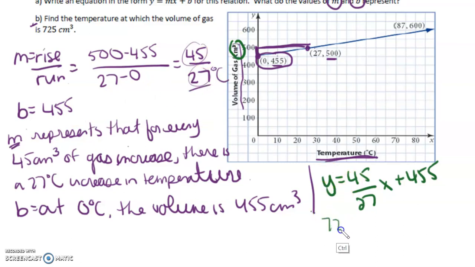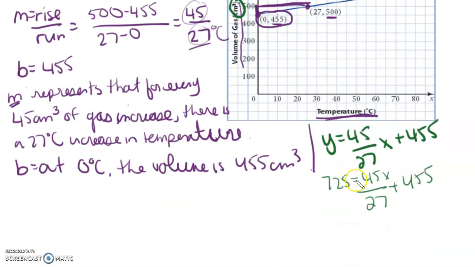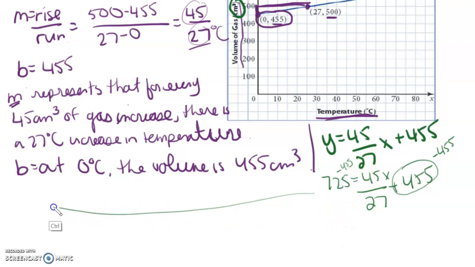Okay, so 725 equals 45x over 27 plus 455. Okay, and this is where our algebra comes into place. So this 455, we're actually going to subtract 455 from both sides.